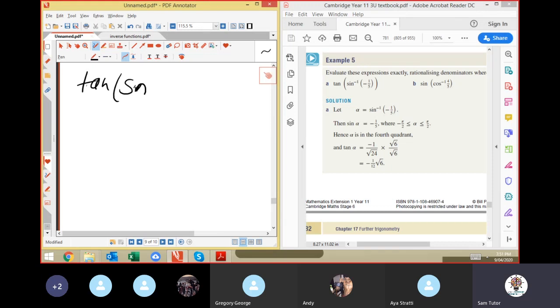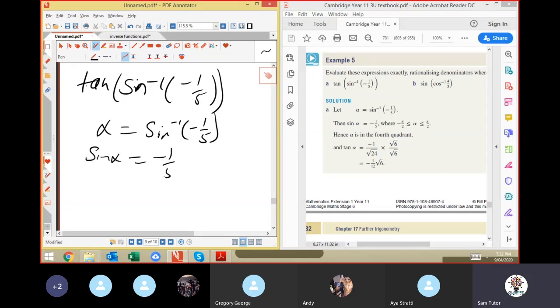Sine inverse negative a fifth. Okay. Again, we're letting alpha equal inverse sine negative a fifth. And then we get sine alpha equals negative a fifth. All stations to central. Where is sine negative? Sine is negative in tan and in cos, right?